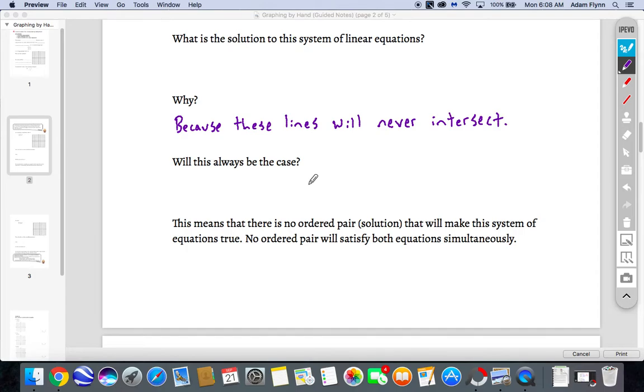Okay? And when lines never intersect, will it always be the case that there will be no solution? Okay? And when two lines have the same slope, they will never intersect.